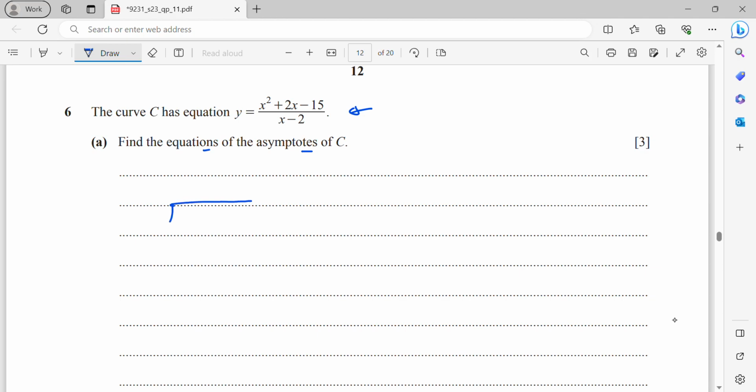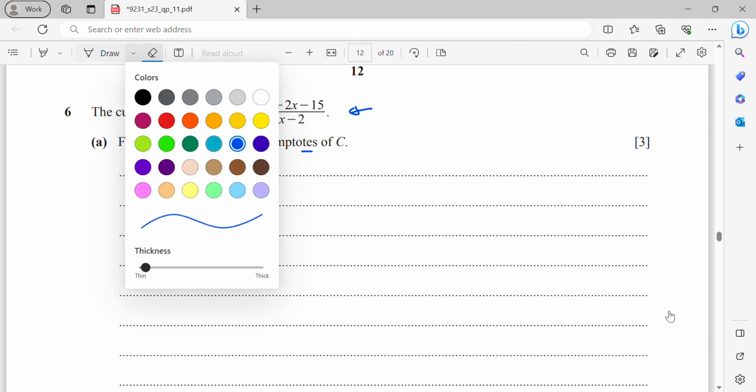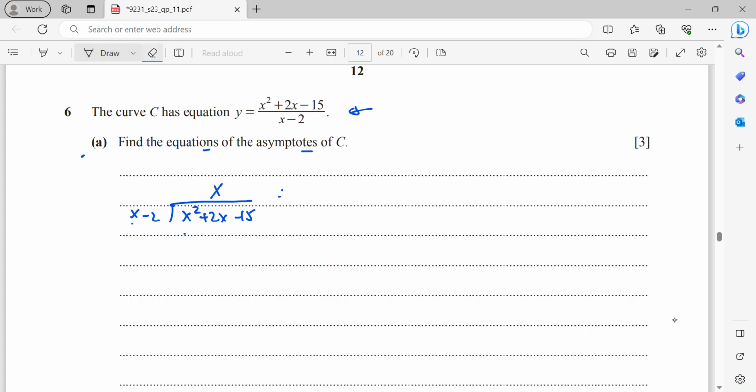So now I divide first. X squared plus 2x minus 15 divided by x minus 2. In order to get x squared here, from x I need to multiply with x. So the x multiplied with x minus 2 will be x squared minus 2x.